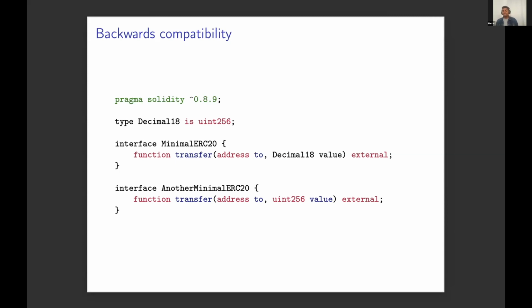Whereas in the second case, it's not obvious what the value is supposed to represent in terms of decimals. So effectively, the feature allows you to write code that is much clearer and easier to read.